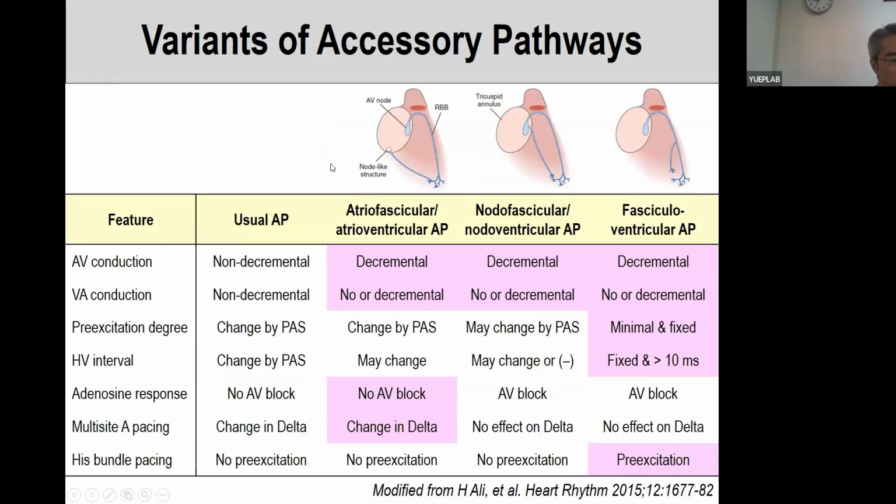So these unusual accessory pathways show decremental AV conduction because of this node-like structure or AV node insertion site. And VA conduction is either absent or decremental. And let's move to the fasciculoventricular accessory pathway. The atrial proximal insertion starts from the fascicle.